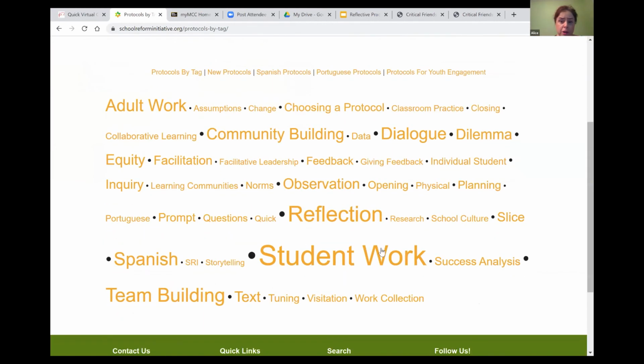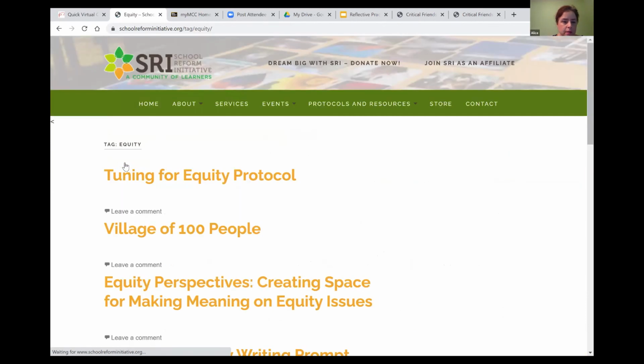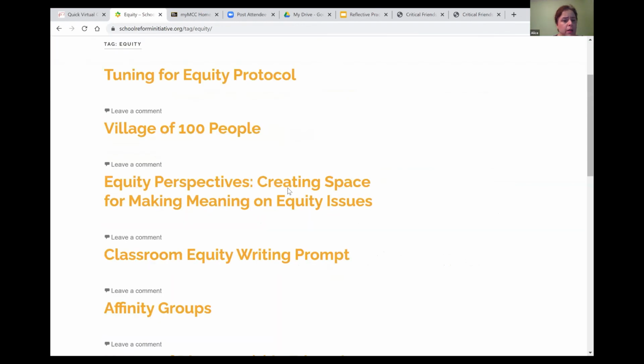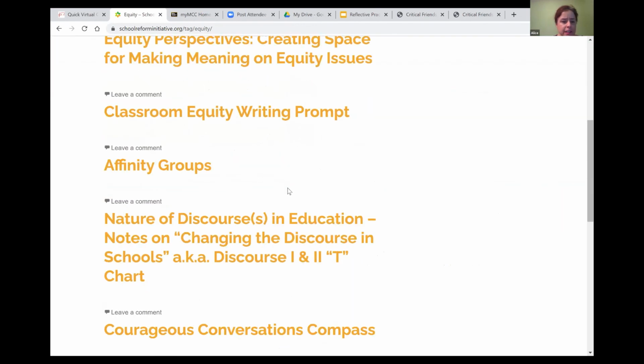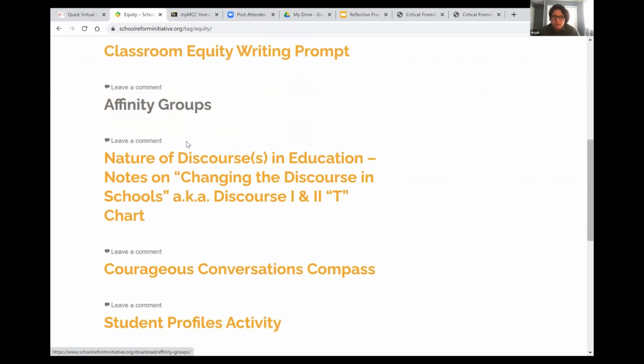So if you're interested in exploring student work, or if you want to do something on team building, you can look at those protocols. But let's see, equity. We have equity. Tuning for equity protocol, affinity groups. I feel like we've done affinity groups before. Yeah, we've done affinity groups.